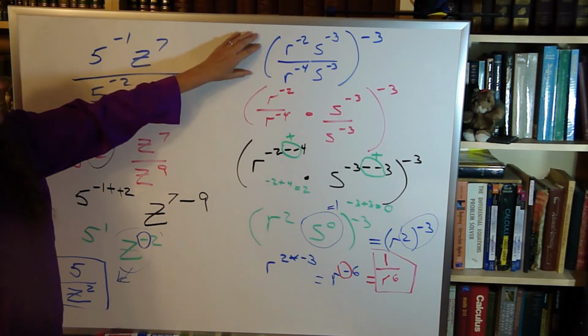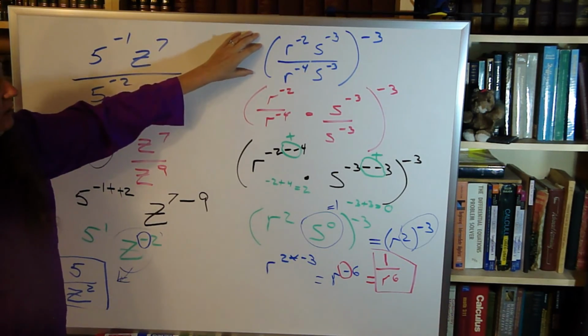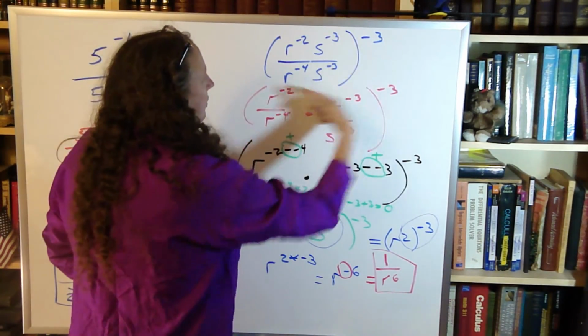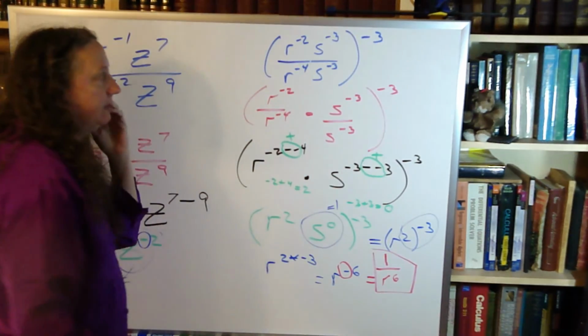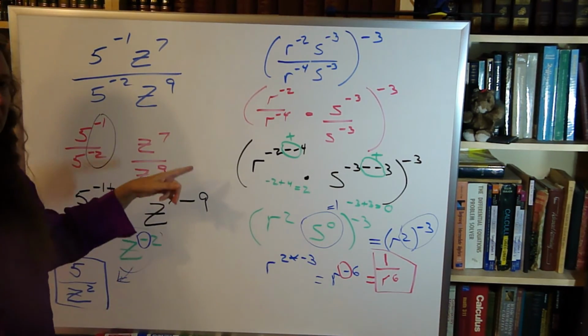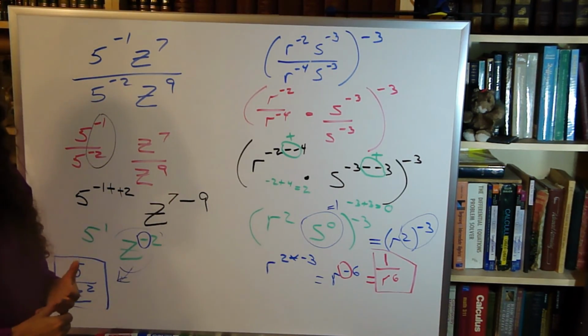There are other ways that you can do this. You can distribute the negative 3 out to everything inside that's being multiplied or divided. But in this case, that would take longer.